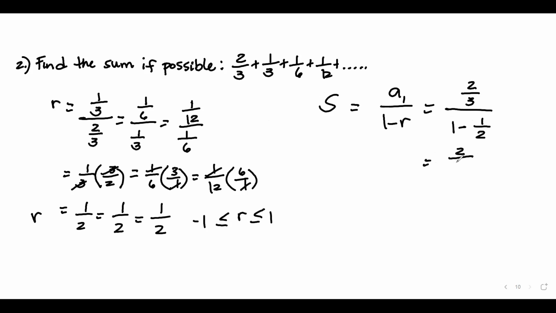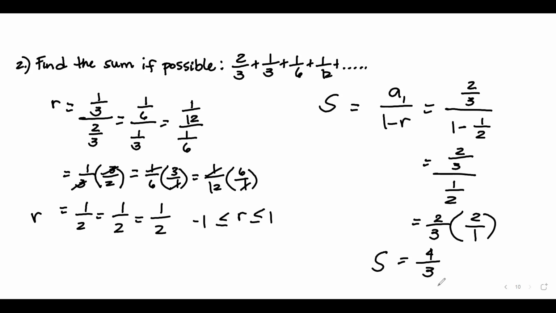Simplify: 2/3 divided by 1 minus half, which is 1/2. So divide fractions again, changing to multiplication. So 2 times 2 over 3, so this is the sum, 4/3.